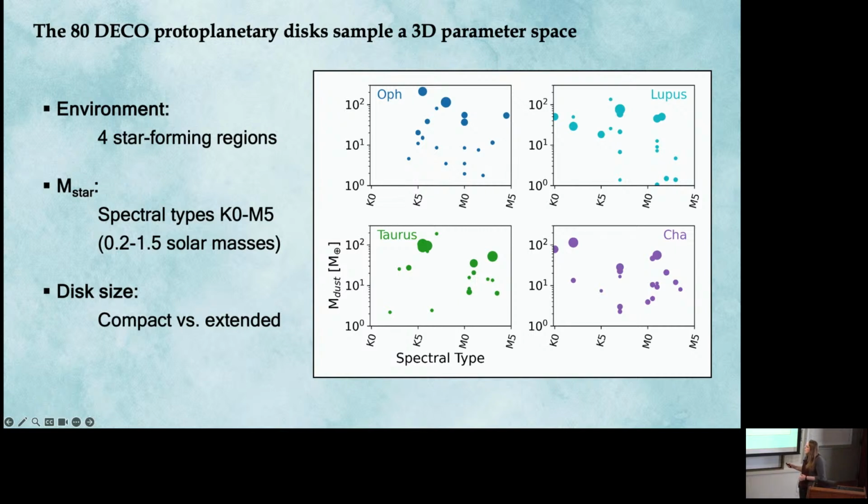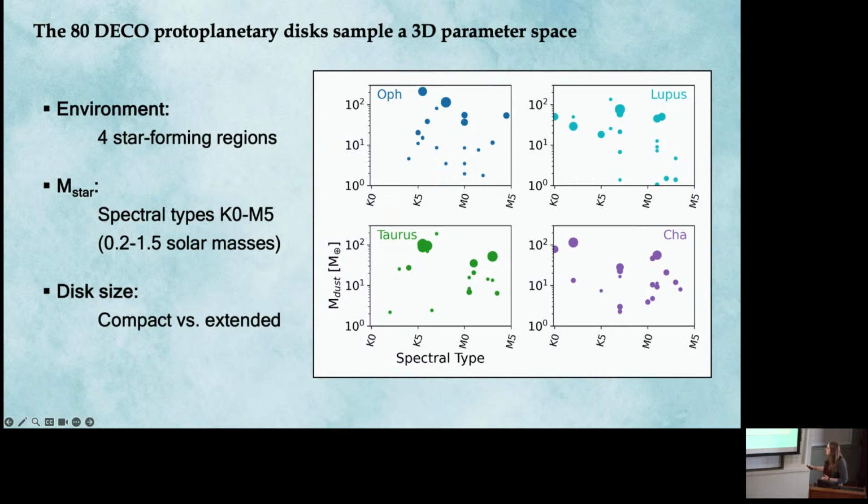And so our 80 sources are going to sample a 3D parameter space, so we'll be able to compare how gas mass and composition depend on both the environment across the 4 different star-forming regions, the stellar mass, as I'm showing on the x-axis here. We go through a range of M and K type stars, and the disk size.